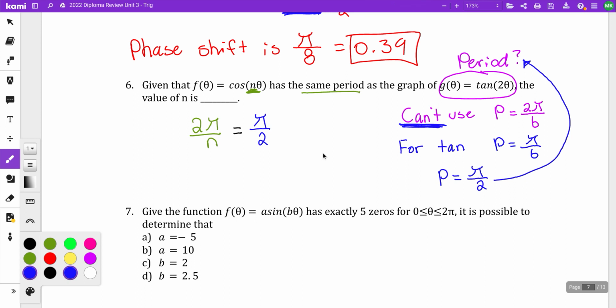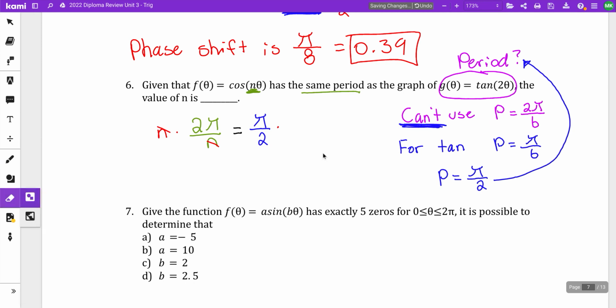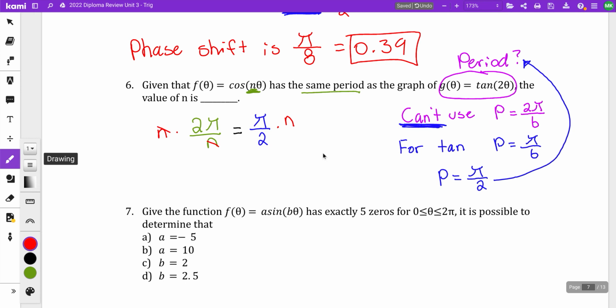Do we see how I got that set up? The green period would have been 2 pi divided by the n value. That's the formula for period for cosine. And I want that to be the same as the period for the purple one, which is pi over 2. I now have to solve for n. So I'm going to multiply n to the other side. I'm also going to move the pi over 2 to the other side.